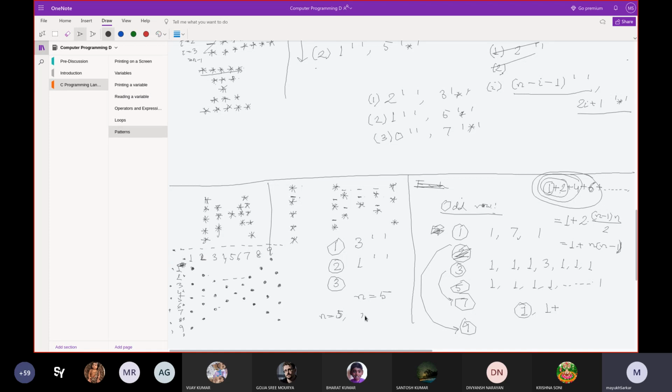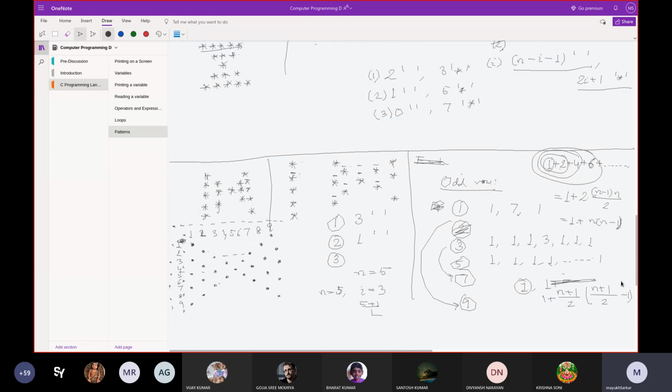So this I should consider as 3, right? Why is it 3? Because it is 5 minus 1, so (5 plus 1) by 2. So in fact, in place of n, I have to put (n plus 1) by 2. So 1 plus (n plus 1) by 2, and here (n plus 1) by 2 minus 1.